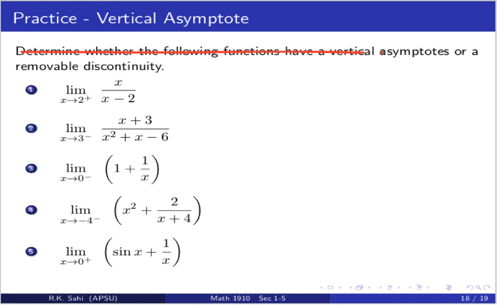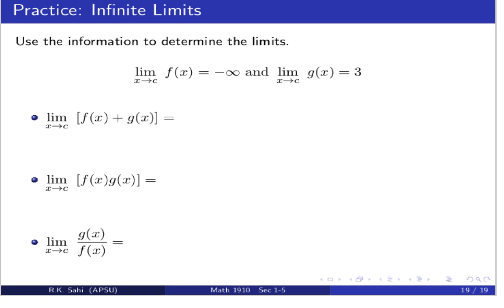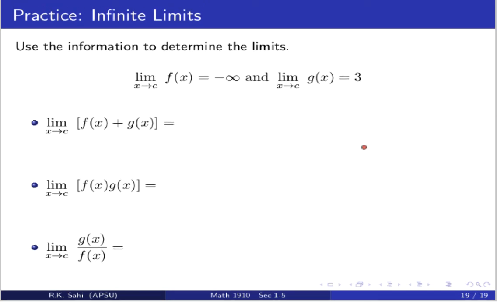I will make the changes in the notes when I post them online for you guys. So find the limits. These are one-sided limits, if you notice that. And then there's a question on the properties of infinite limits. Thank you, guys.